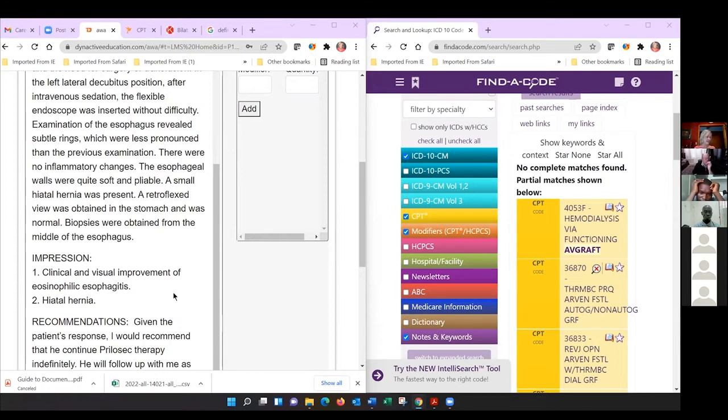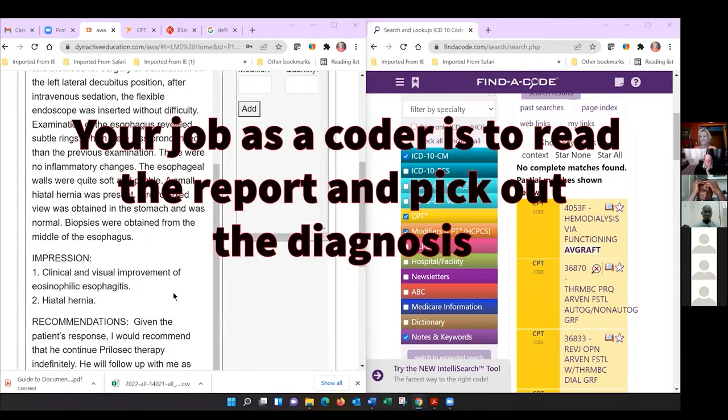And then he found a hiatal hernia, which he listed. Keep in mind that this physician listed hiatal hernia, but they don't always, because that's your job as a coder to be able to read that report and pick out your diagnosis. Now, the majority of the time they do, but I've seen many times they don't.